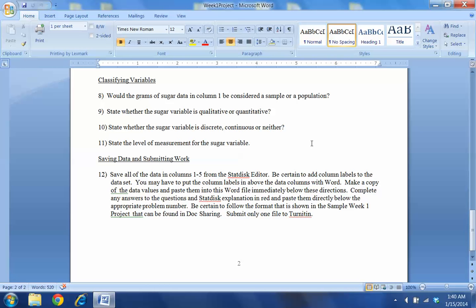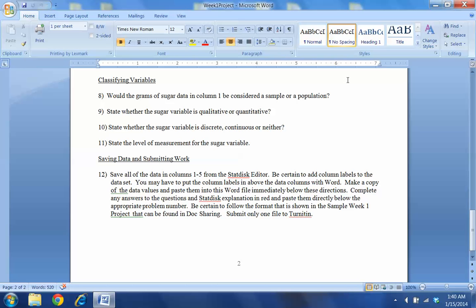If we didn't have any samples and we always had all of the population data to work with, we really wouldn't need statistics as a course. Most of the time, in fact almost all of the time, you are going to be working with a sample, not a population. So in this class, we will always assume that we're working with a sample.